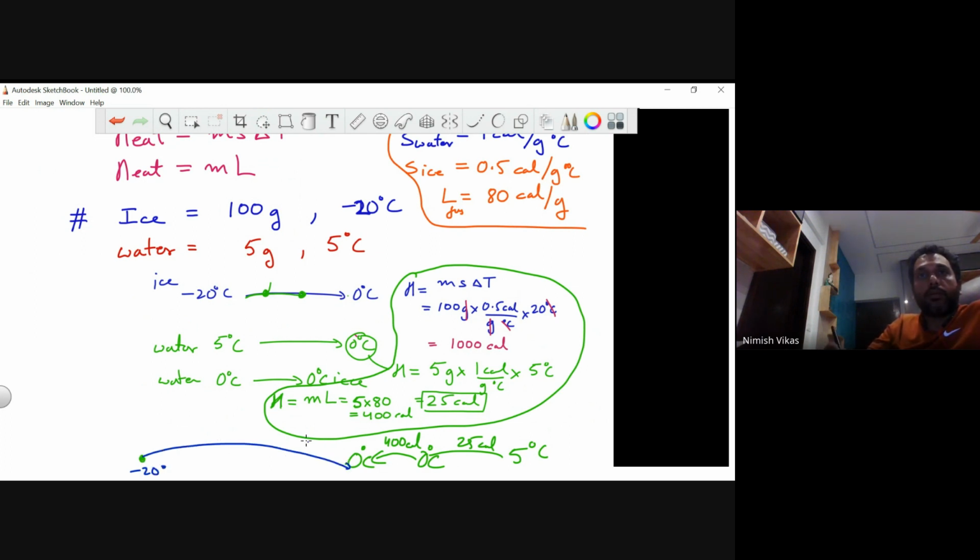How much was that? 1000, right? That means it has never reached 0, and somewhere over here water is also reaching and ice is also reaching. So there is some temperature over here. Is that clear? And that temperature is say a minus T degrees Celsius. Is that clear?